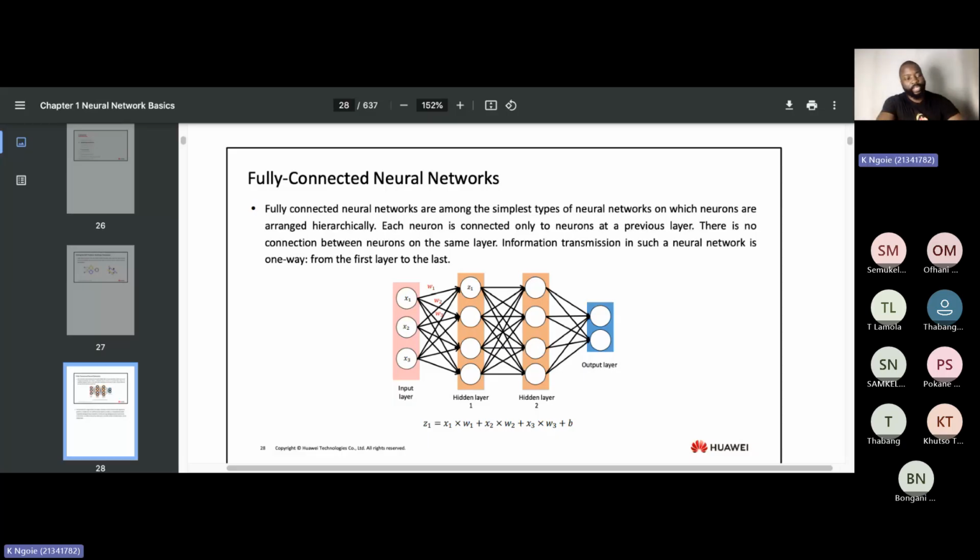What's the third one? Does anyone remember the 3 features we said we can take from that scenario?